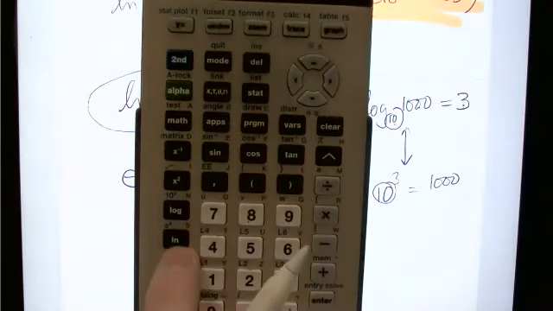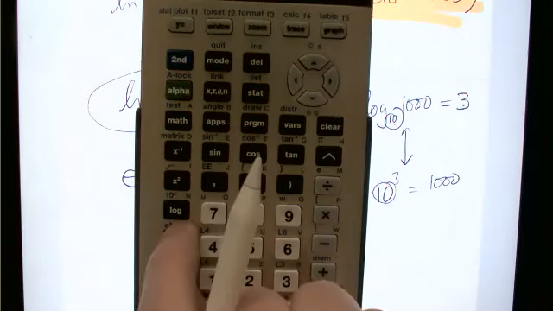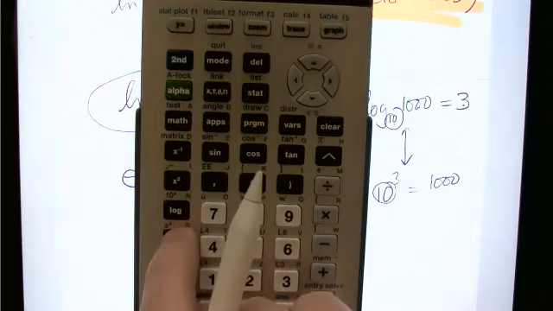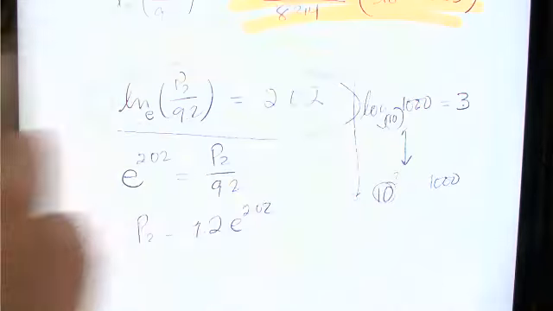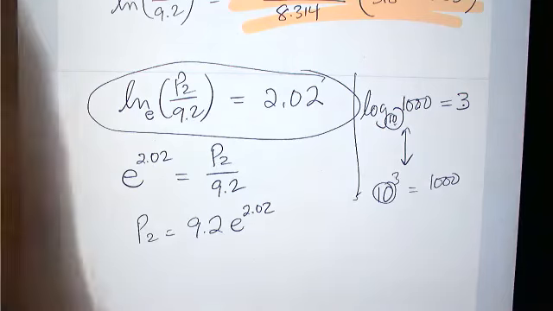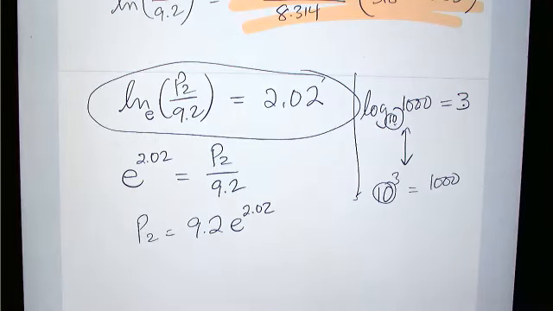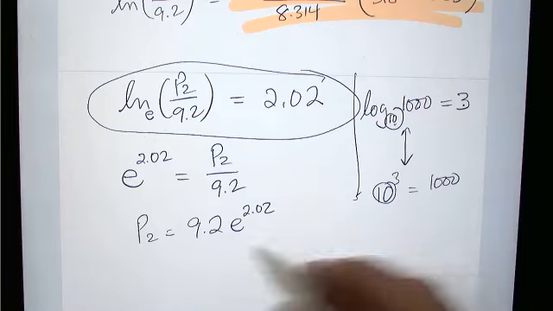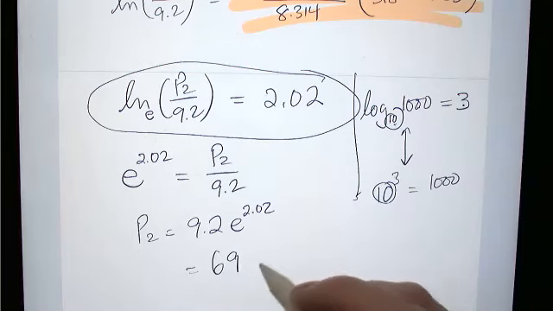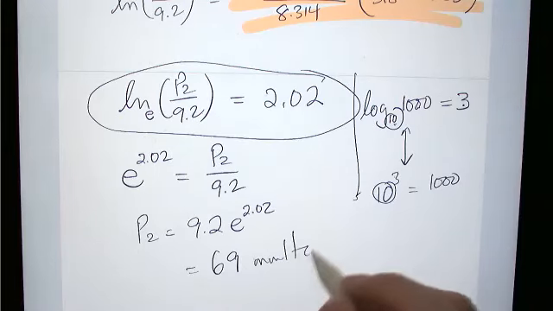You look on your calculator, you look at the natural log button, ln. Right above it, it says e to the x. The inverse of natural logarithm is e to the x. So I go 9.2 times second function natural log, e to the power of 2.02, equals 69 millimeters mercury.